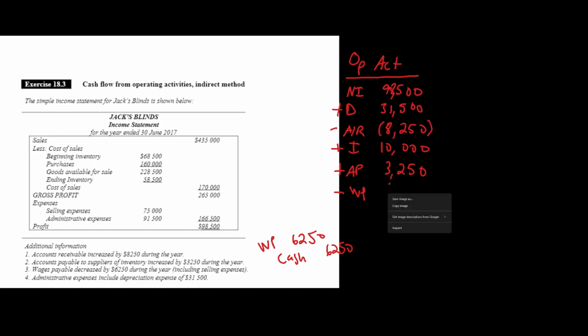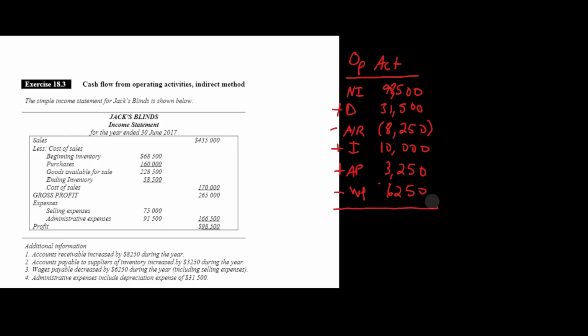So we're going to subtract wages payable. If we net these, this is a change of minus 1,250.